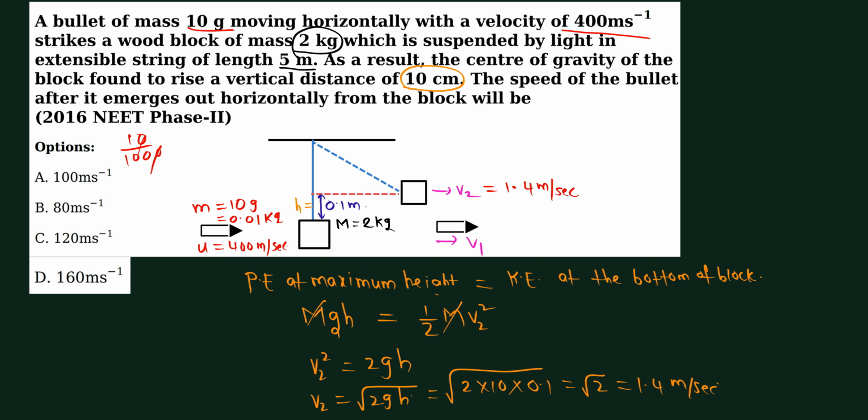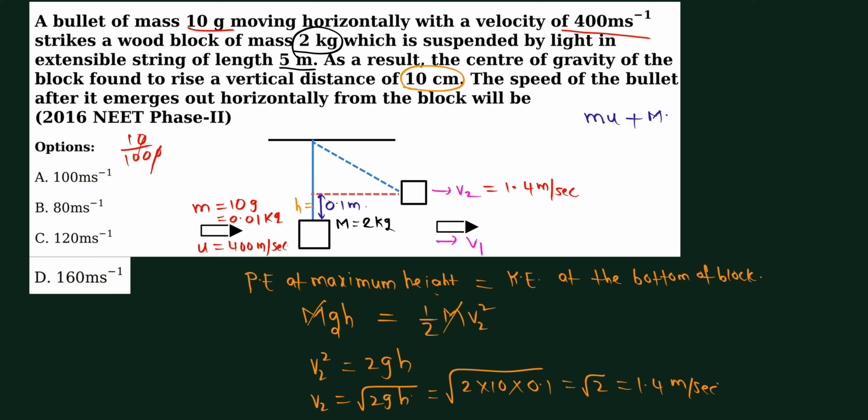Now we need to find v1 by using the law of conservation of momentum. According to the law of conservation of momentum, the initial momentum before collision and after collision are equal. Before collision, the block is at rest.